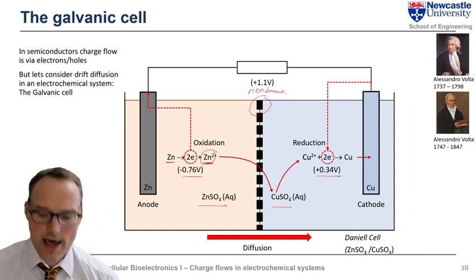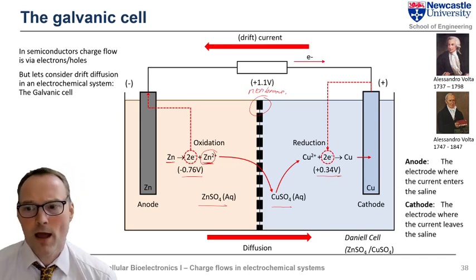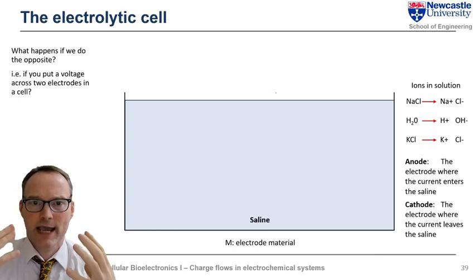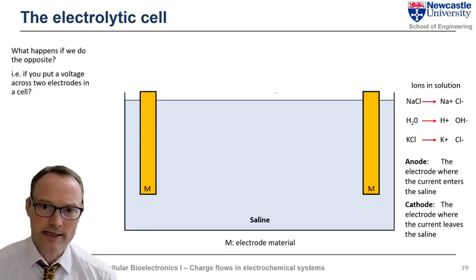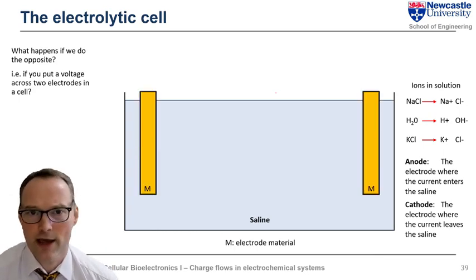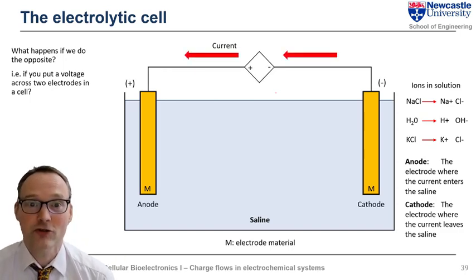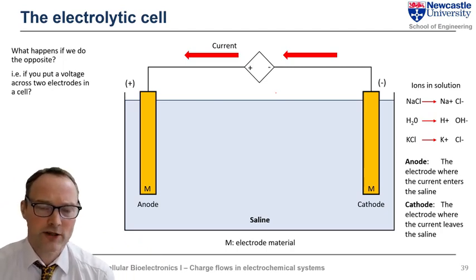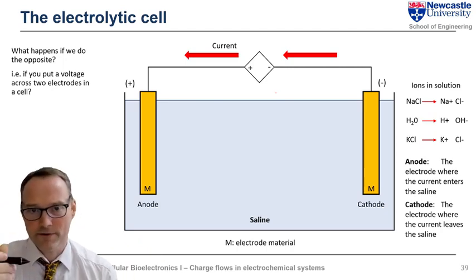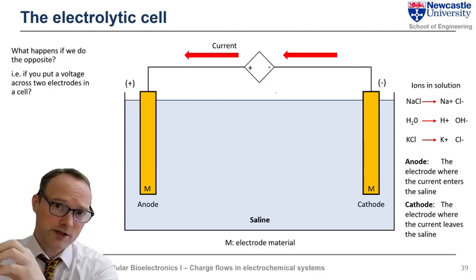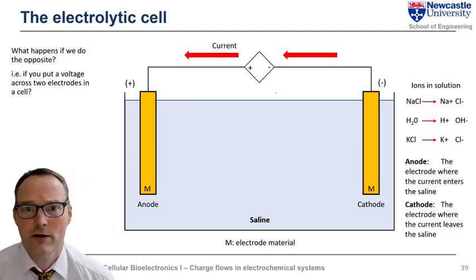currents. Now, we can do the opposite, where let's say we take some saline, and let's say we put two electrodes on either side, and then we put a voltage across the two electrodes, and the voltage will create a current. So this is drift. Drift current is where you make an electric field, and this electric field forces charge to move in a particular direction.